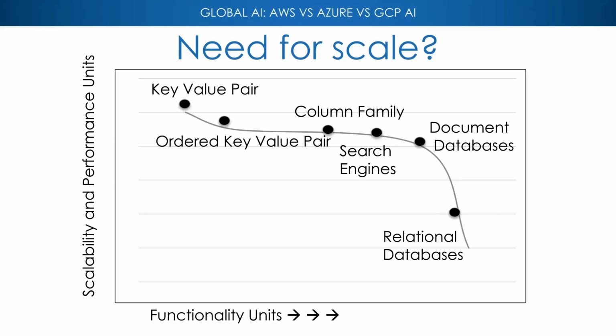In this diagram, as you can see, relational databases have the most functionality, but they are not the most scalable and they don't have the best performance. And something like a key value pair, something like Memcached, or even a key value pair with data structures like Redis would be very high on scalability and performance, but may not necessarily have the same amount of functionality. That's why I propose polyglot persistence.